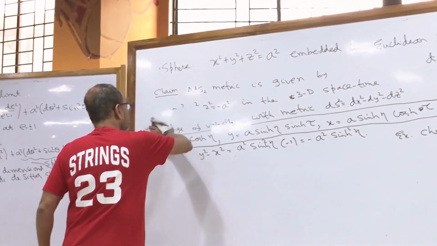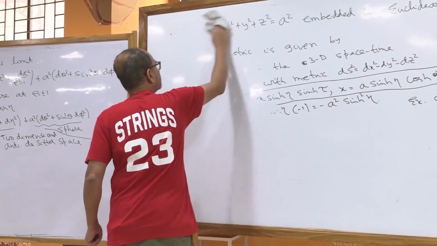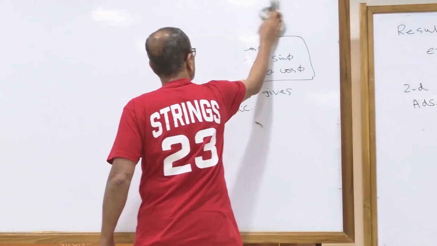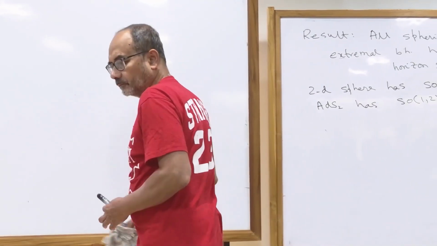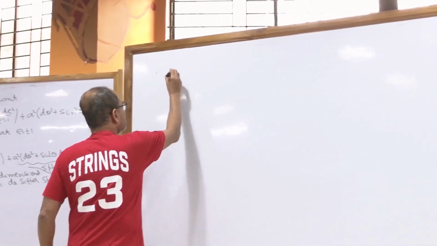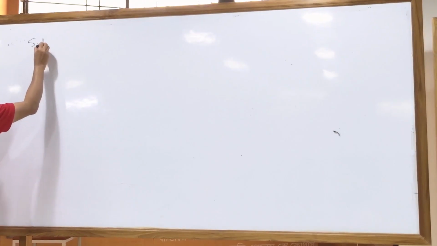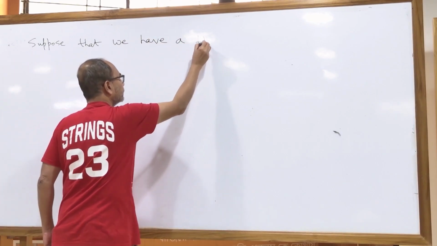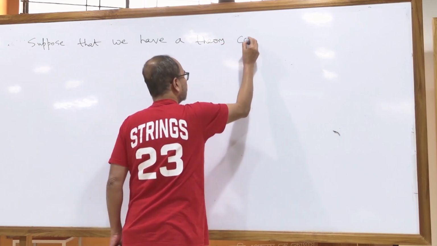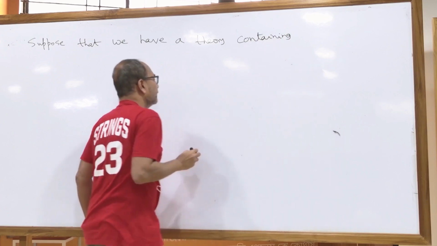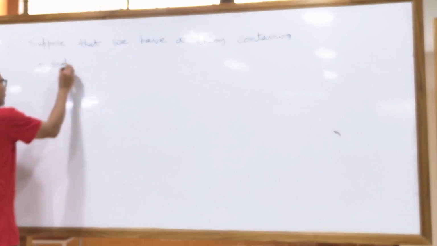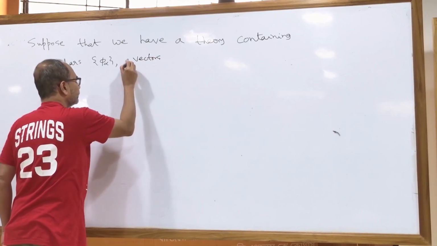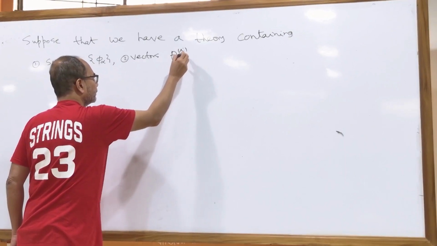So now suppose we have a theory containing a scalar, so called phi alpha, then vectors, and metric.